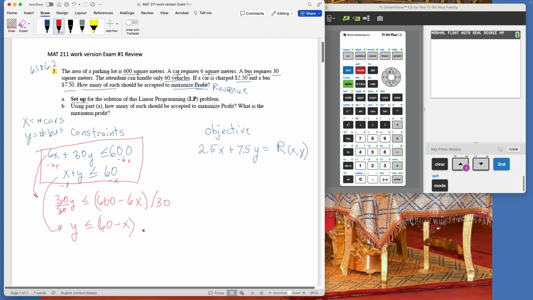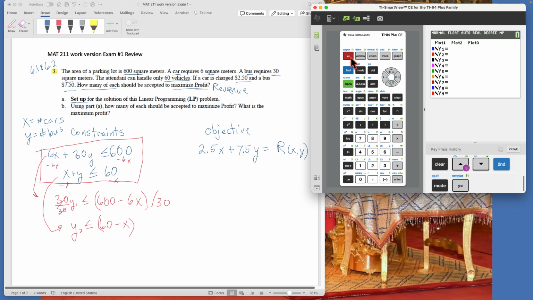Division by 1 doesn't change anything, so we don't have to, but these are the two equations. So I'll put this as y1, we'll put this as y2. So we come over here, hit y equals, and we're going to put in the first one, 600 minus 6x.